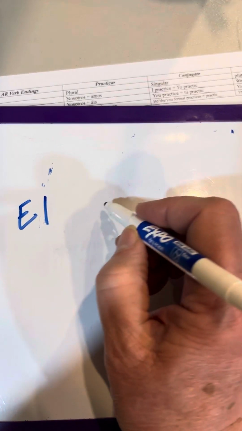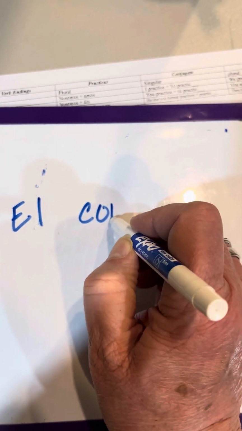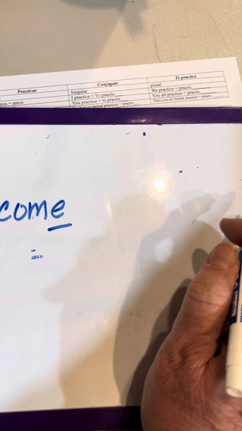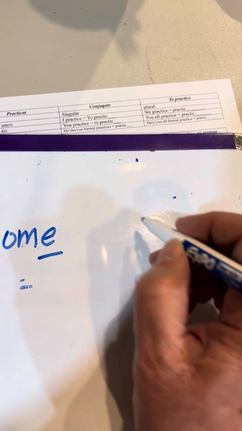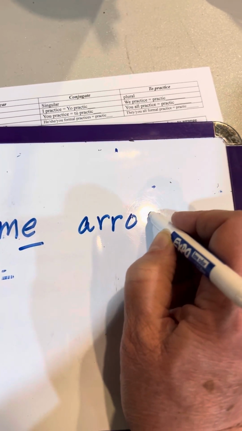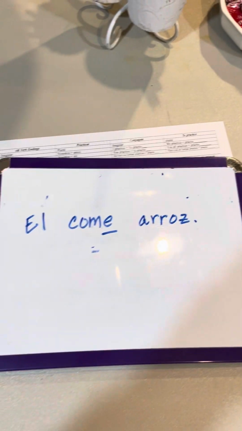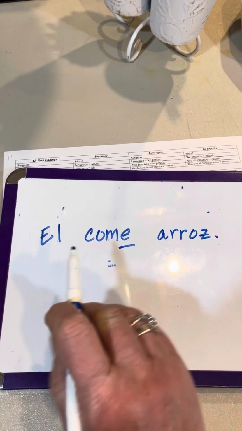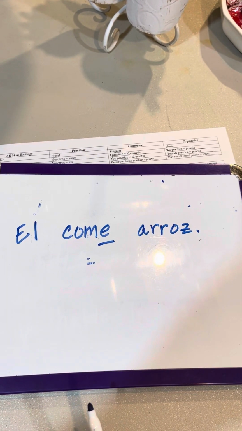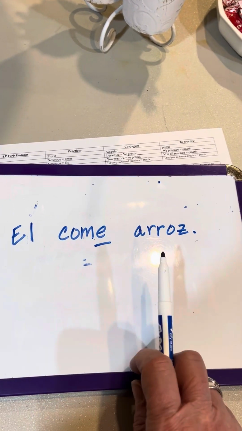Our ending is e. Él come. And one of the first words we learned was arroz. Él come arroz. Oh, see that? He eats rice. Él come arroz.